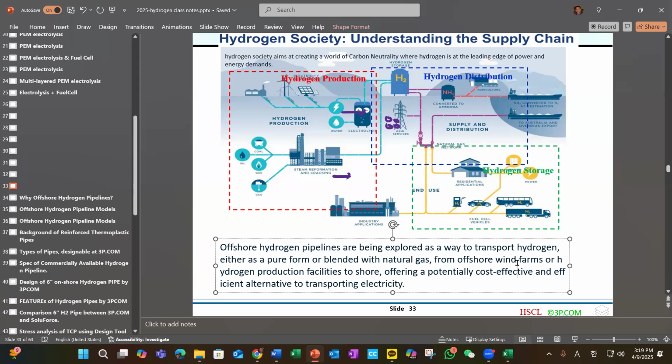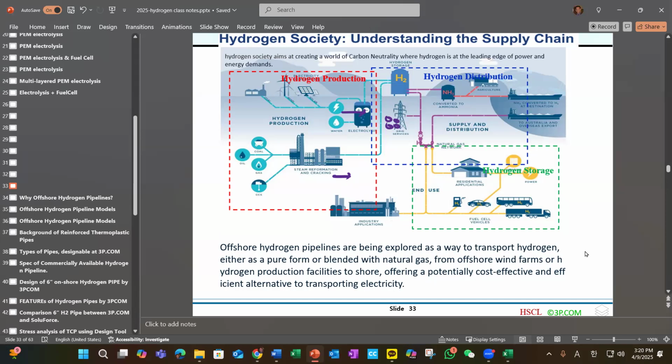So at the offshore wind farm, once we generate the electricity, we can produce the hydrogen gas on that spot, and then distribute that hydrogen gas through a pipeline. Then we need an offshore pipeline. So anyhow, from production facilities to shore, offering a potentially cost-effective and efficient alternative to transporting electricity.